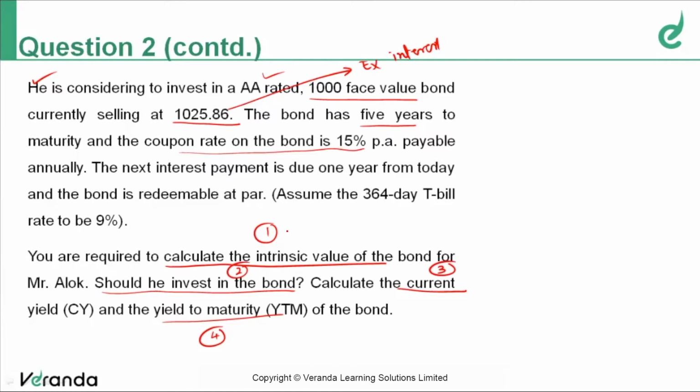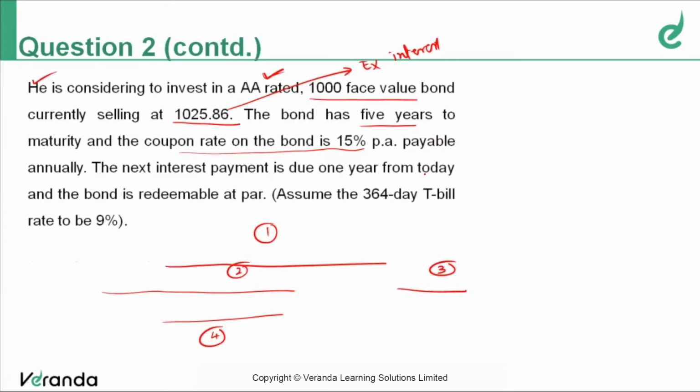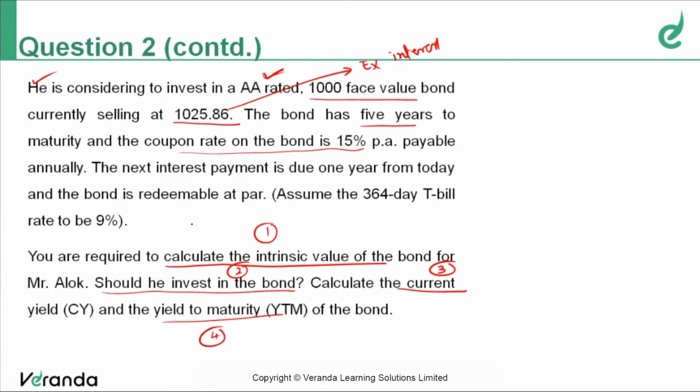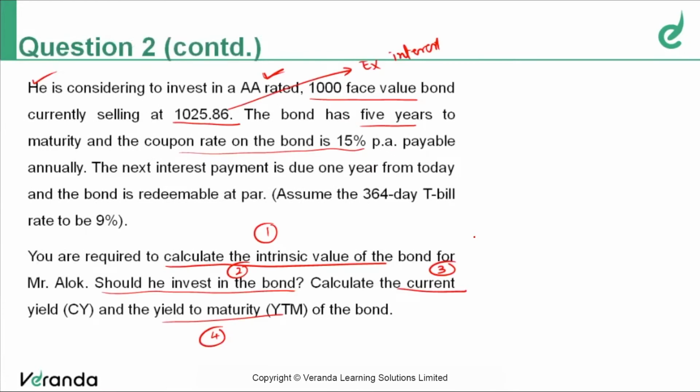For this purpose, looking into the rating, for AA it is AAA plus 2% spread. For AAA, the 364-day T-bill rate is 9%.